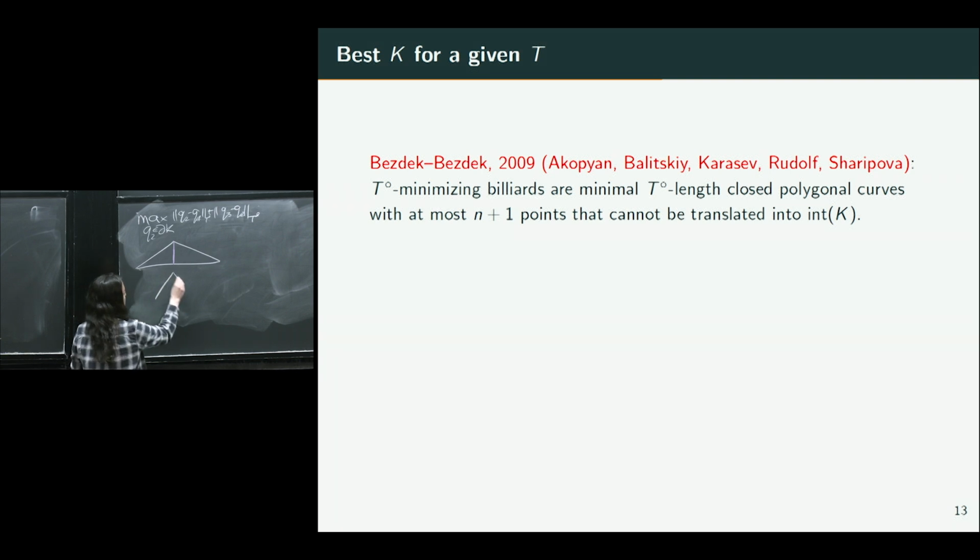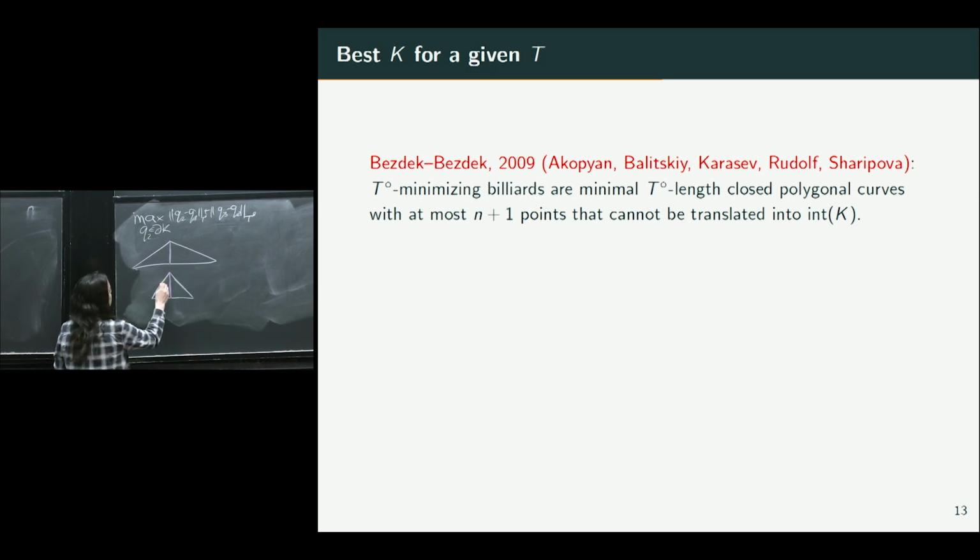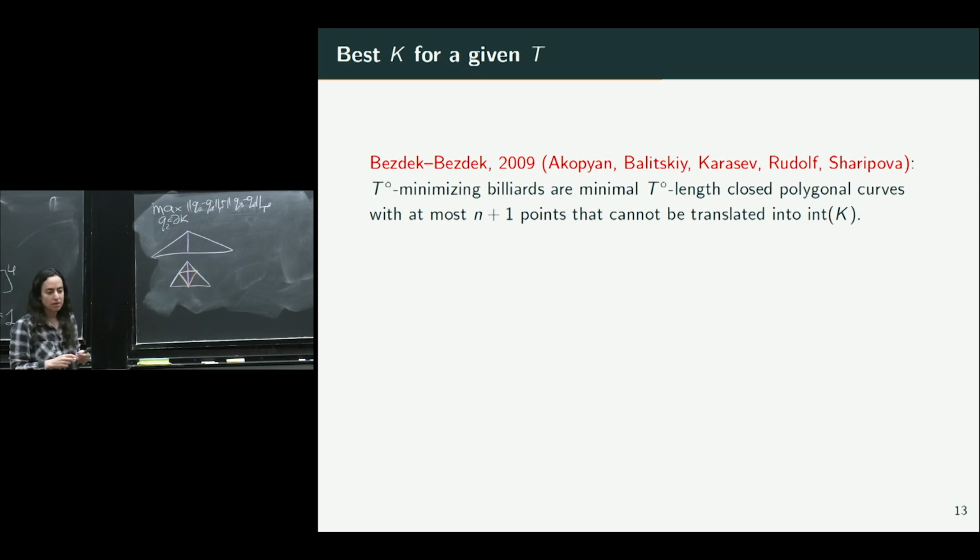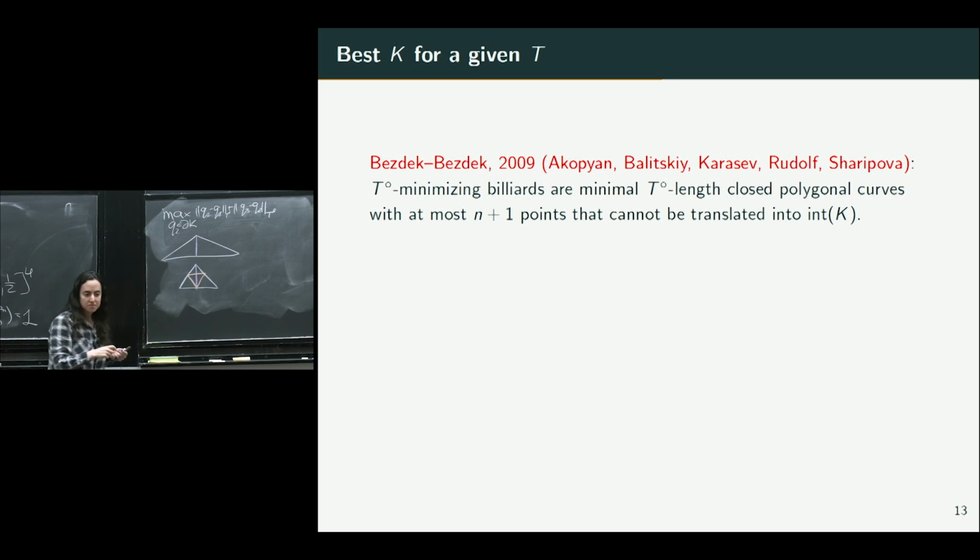And if I look at the equilateral triangle, then again I have the same orbit, but it will not be the minimizer. The minimizer would actually be going between the middle of the edges, which is also a curve which cannot be translated into the interior.